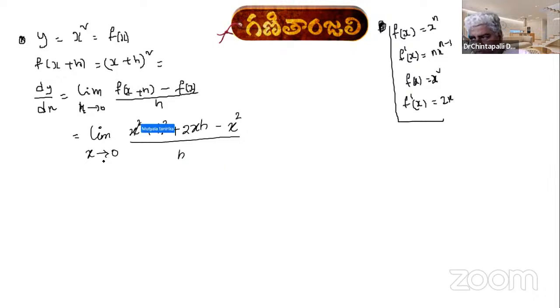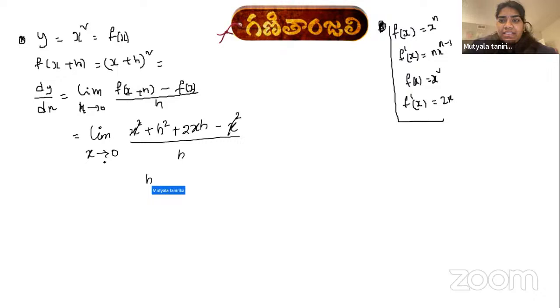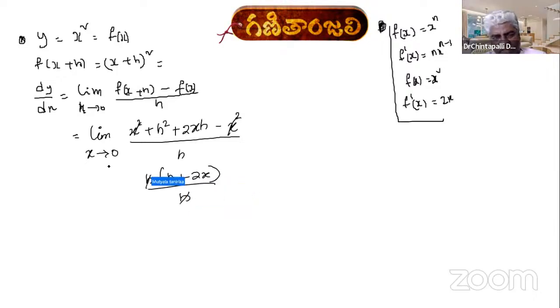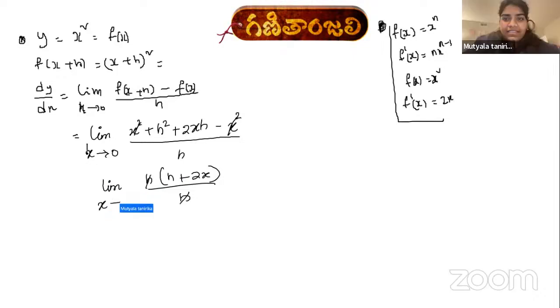Right. These two get cancelled. You take h common, then it's h plus 2x by h. You should continue writing limit h tends to 0, not x. H tends to 0, yes sir.